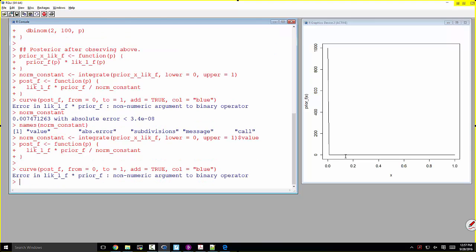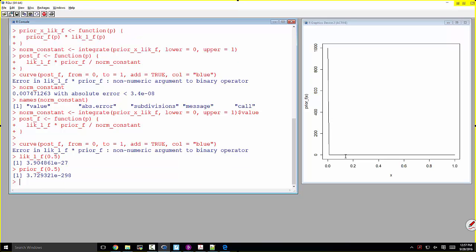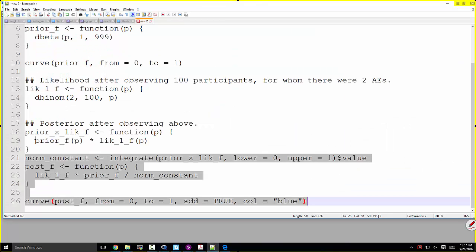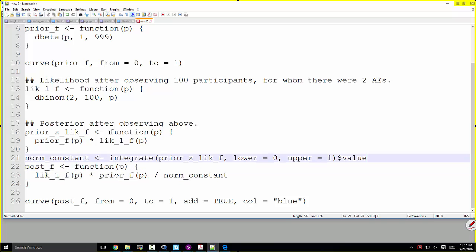Okay, what's the problem? Like 1f.5 prior f.5. So why is that? Oh, I need to evaluate these at p. I was trying to do products of two functions. That's not defined. Okay, try again.